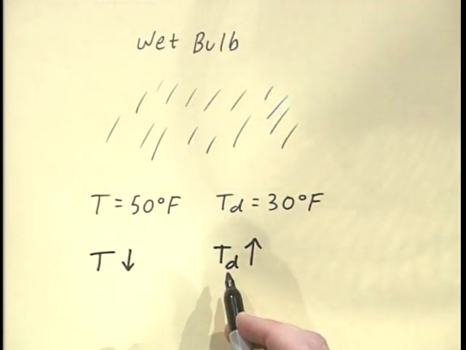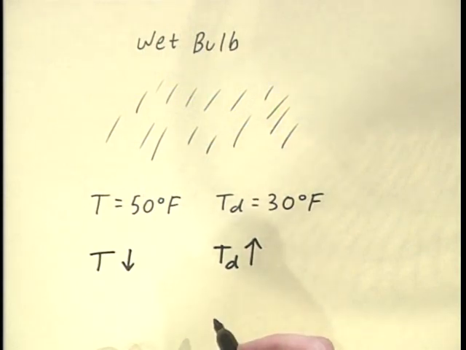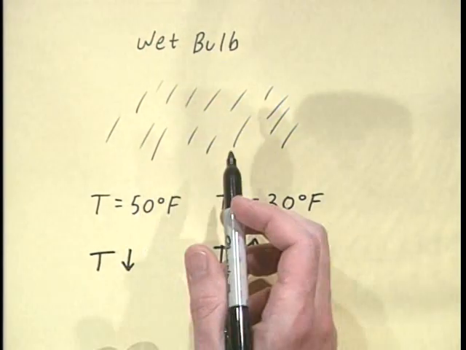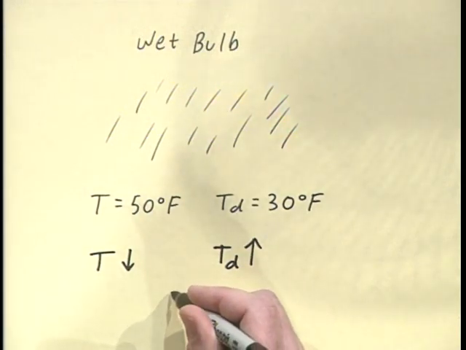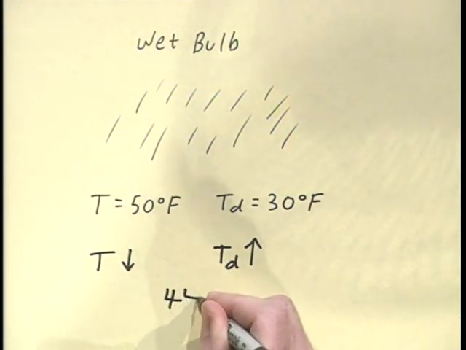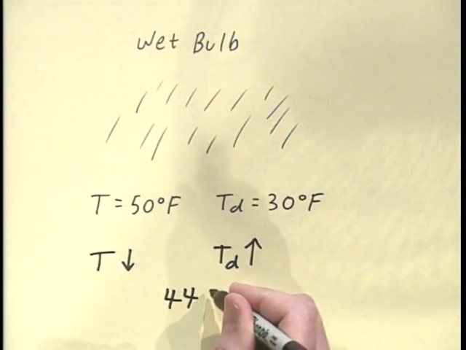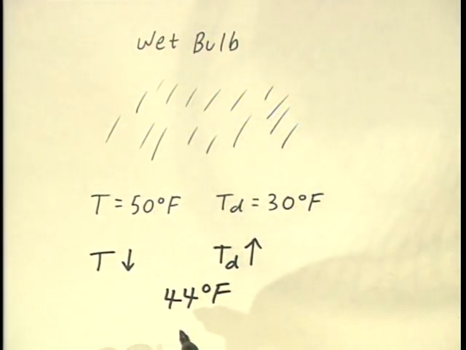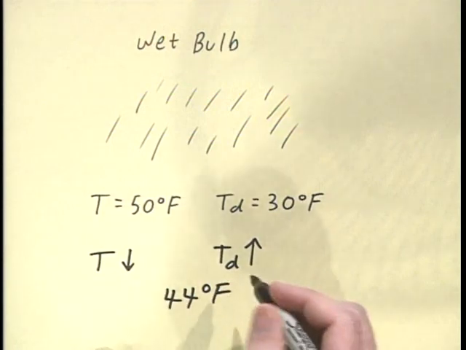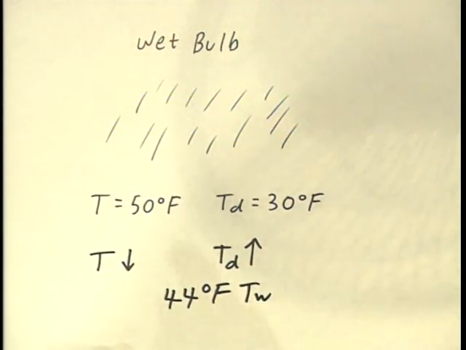Generally the dew point will increase more than the temperature will drop. Once this air becomes saturated, the temperature will even out, let's say for example, to about 44 degrees Fahrenheit. So the temperature has cooled down and the air is now saturated. This is known as the wet bulb temperature, or TW.